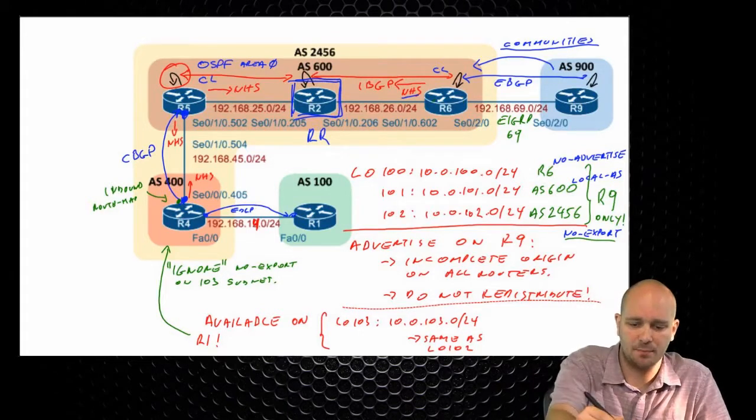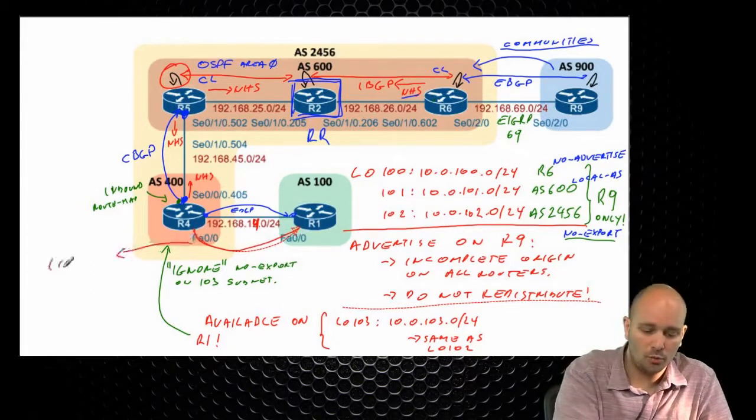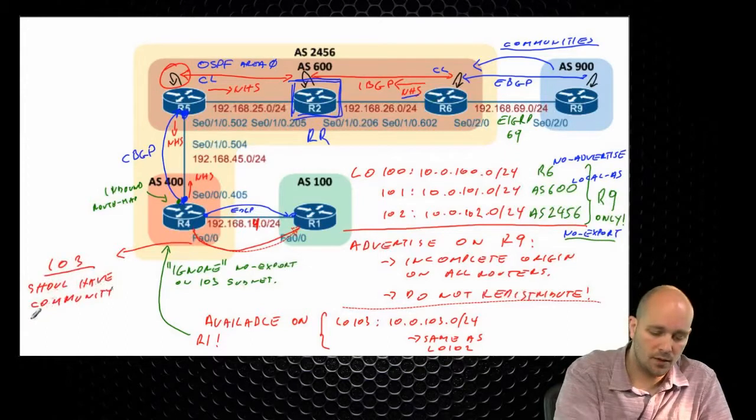So let me clean this up just a little bit. Actually, not going to clean it up, going to add it here. Now, the next task is when advertising to R1, the 103 network should have community internet set in addition to other communities.